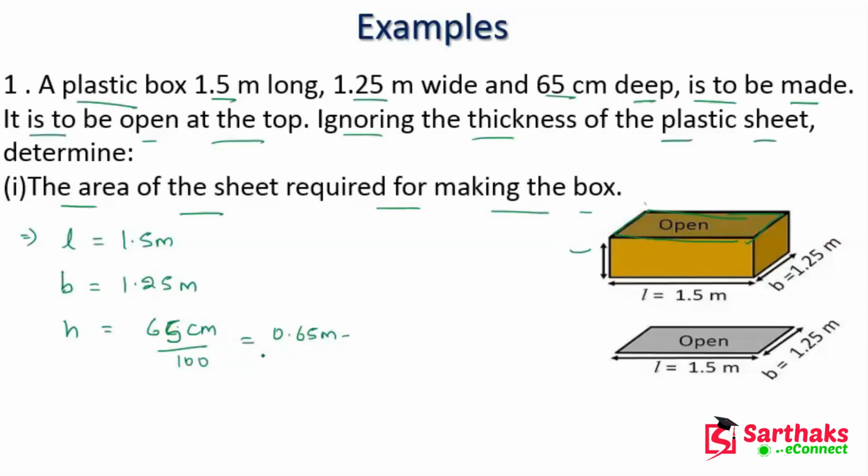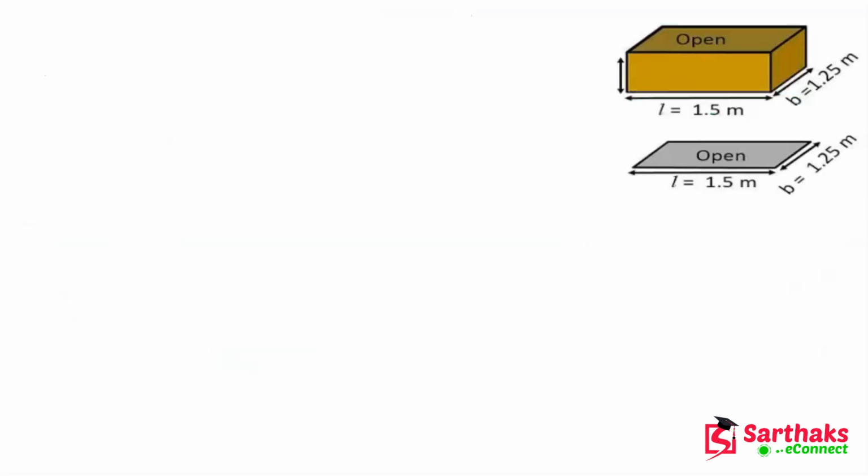I hope you get this point. Now the area of the required sheet is the area of the cuboid minus the area of the top part which is open.